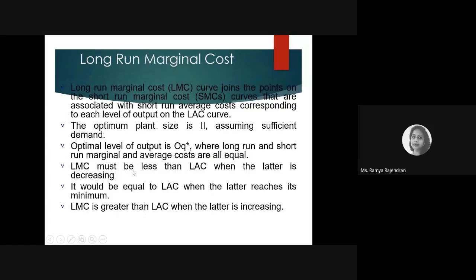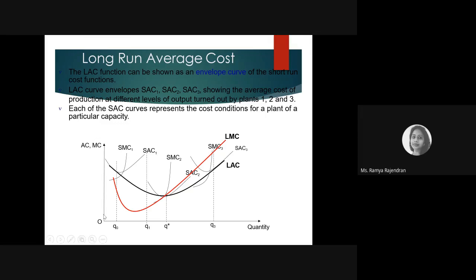You join the points on the short run marginal curves which are associated with this average cost, and you merge all these points to create this LAC curve. In this scenario, you have to say the optimum plan size is here, because this is where your marginal cost is less.